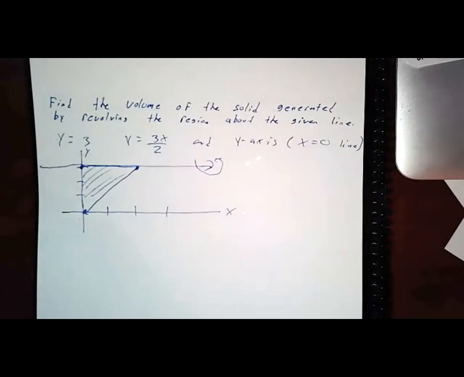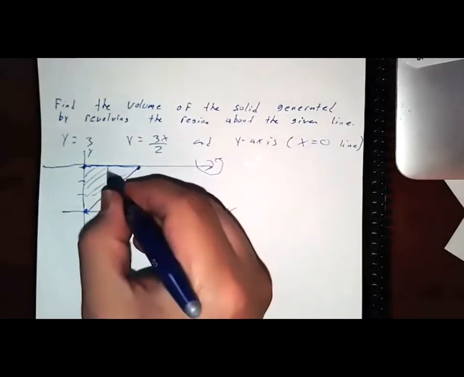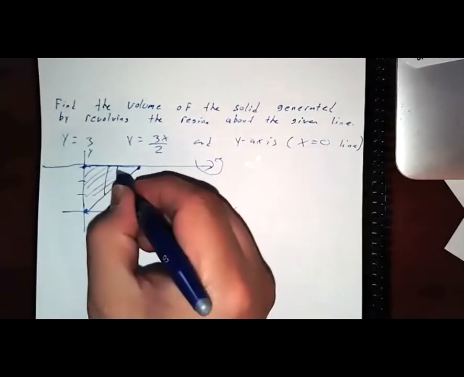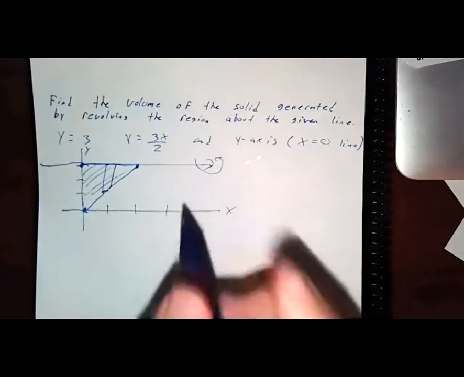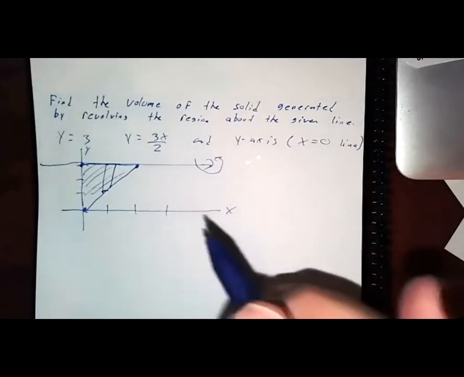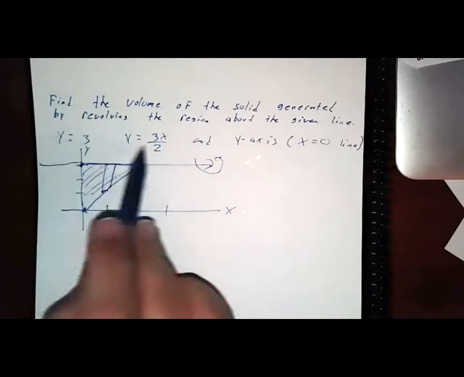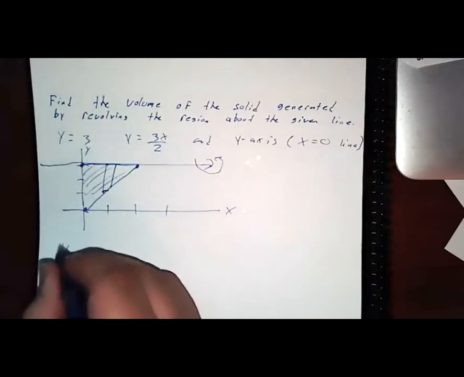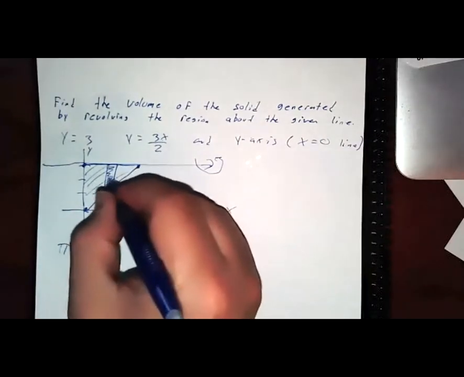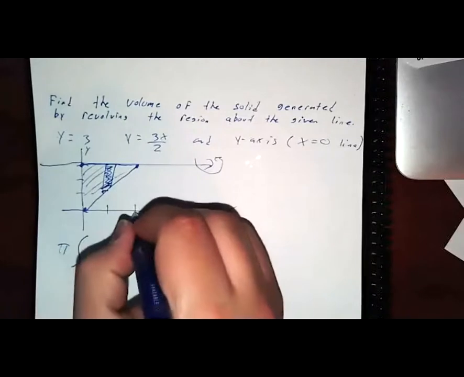Okay. So since I can do slices parallel, and I don't see any benefit in doing shell, it actually seems harder for this question, slightly harder because I solved for two things, but that's fine. So the formula is pi times the integral from 0 to 2, right?